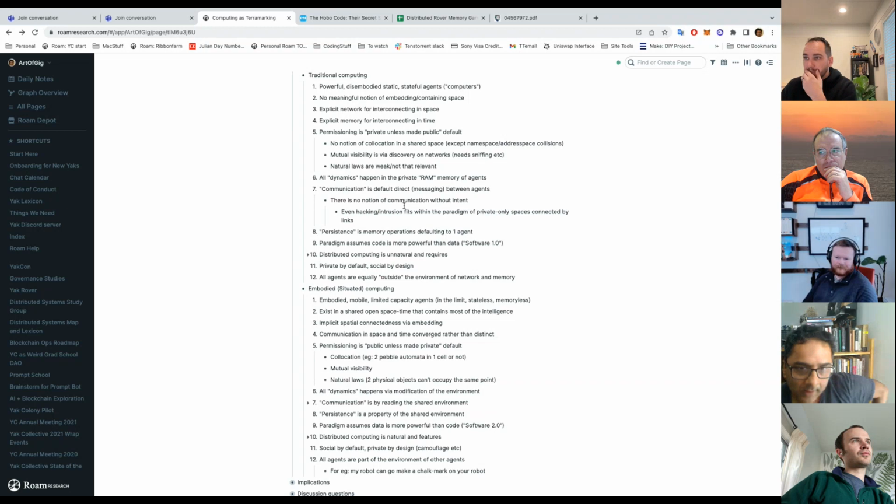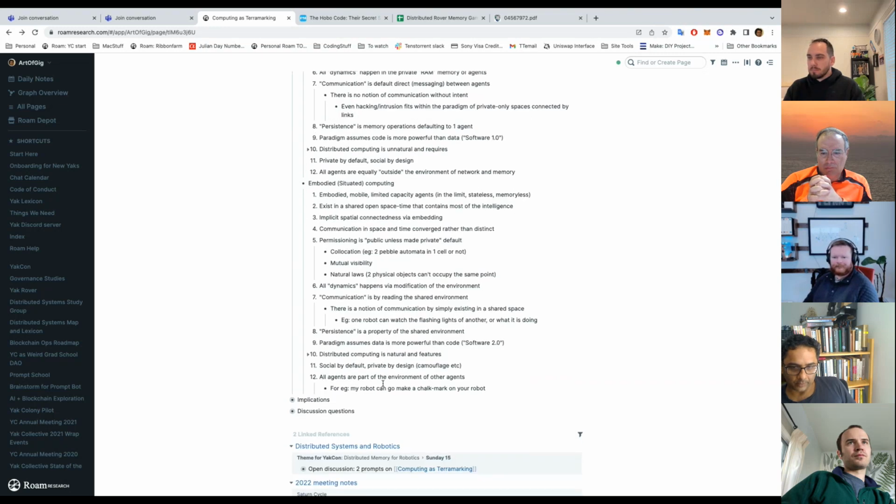Even things like hacking and intrusion fit within the paradigm of private-only spaces connected by an addressable space, where if you hack another computer, it means you're accessing it via its published network address. Whereas in distributed computing, you can watch another robot. If it's flashing lights, you can infer certain things from the flashing lights.